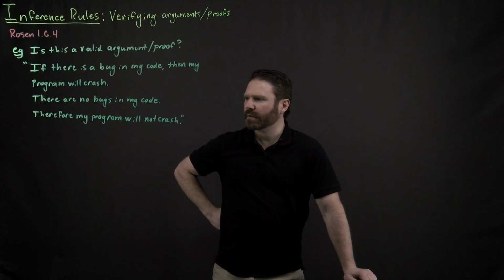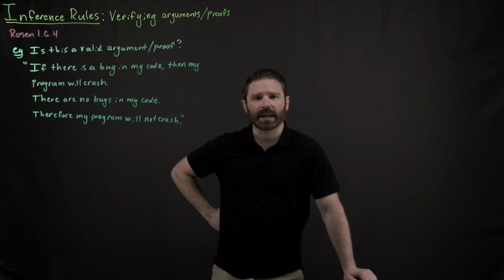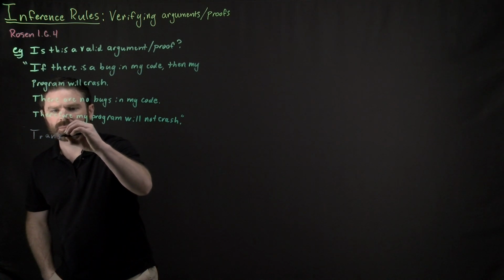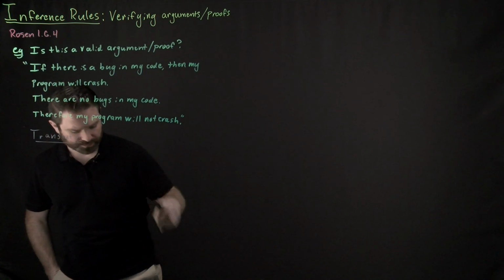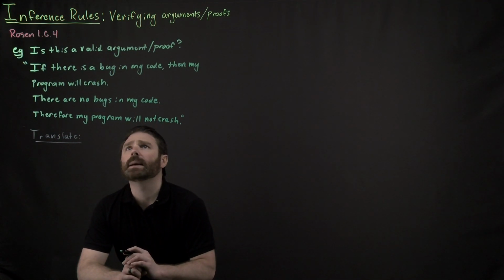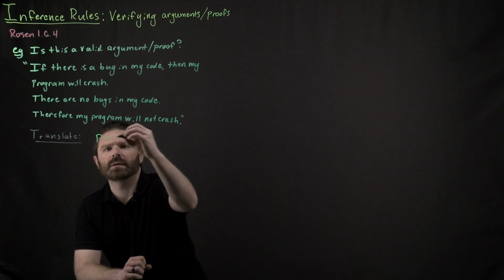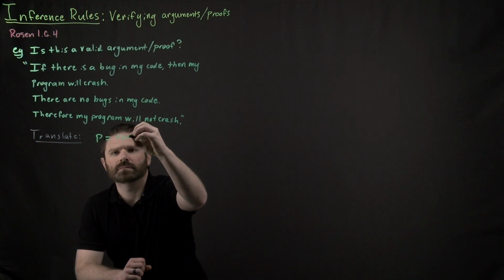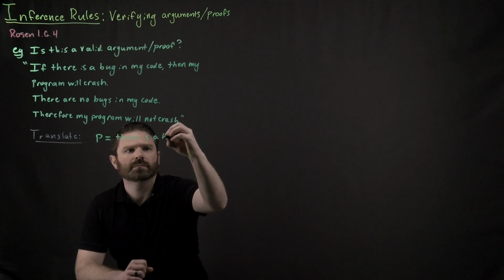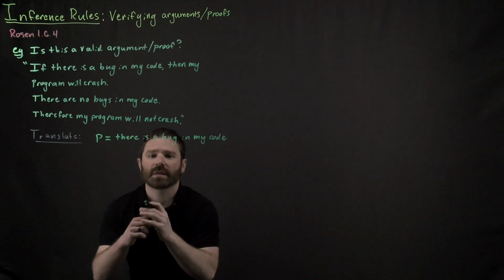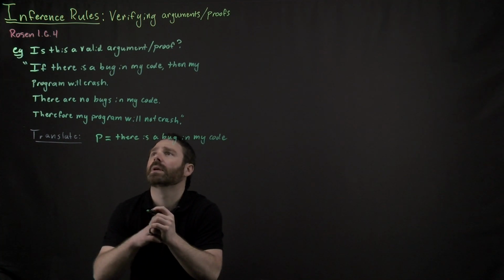Well, once again, the very first step that we're going to have to do is translate this using logical symbols. So our translation step is going to look as follows. So I'm going to let P be the proposition there is a bug in my code.